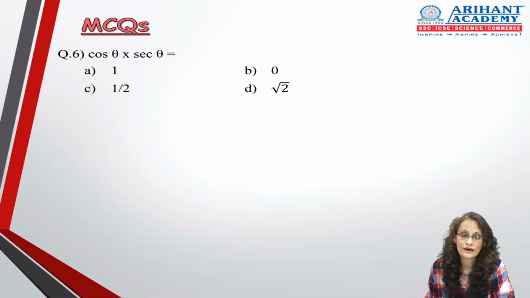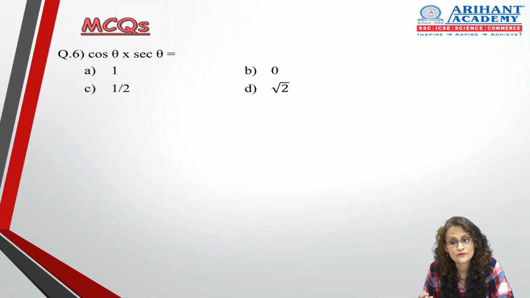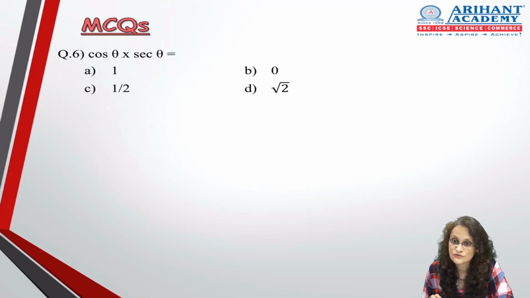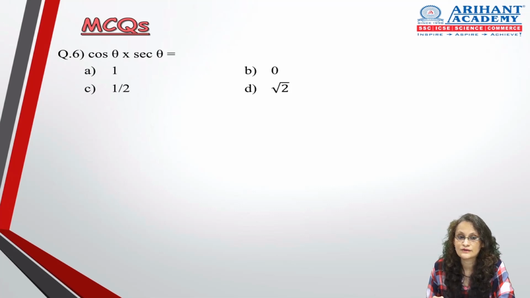Now, as I had told you just a little while ago, you could have a direct use of the formula. So see, the sixth MCQ asks: cos theta into sec theta is equal to what? Dash. We just saw that cos and sec are reciprocals of each other. They are multiplicative inverses of each other. So cos into sec is nothing but 1. So here even your calculation is not required.